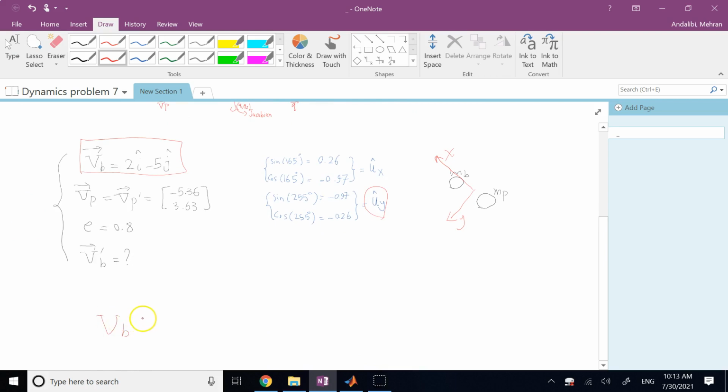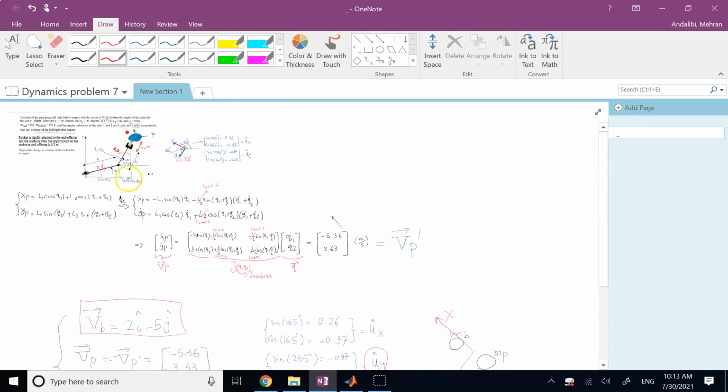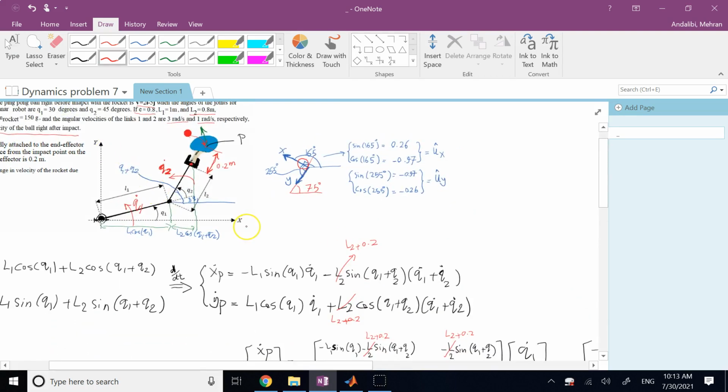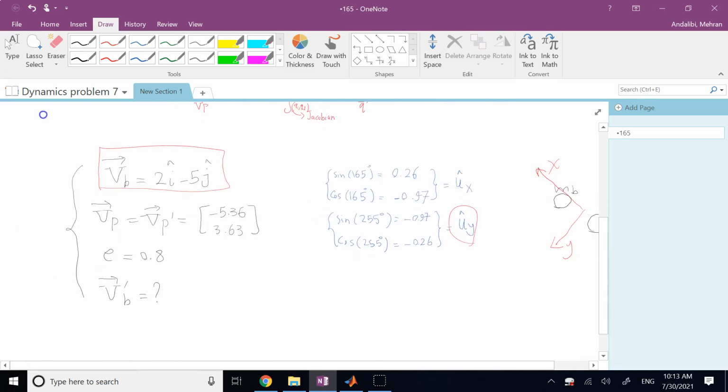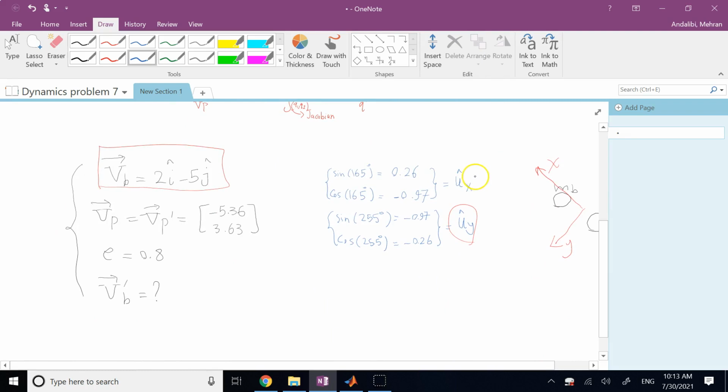So the VB y component, and if you don't like calling these x and y because we use these original ones x and y, what we can do is to call these x prime and y prime. So I can call them x prime and y prime, and here I can give them a different name so that we don't confuse them with x and y. So here we go.